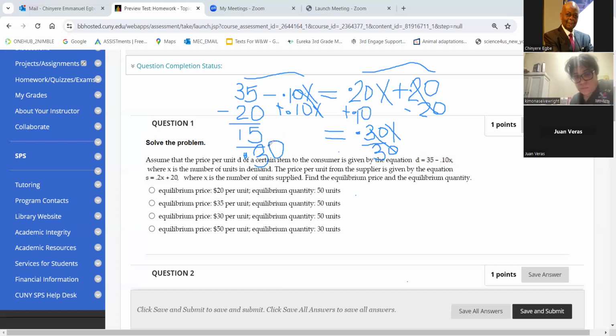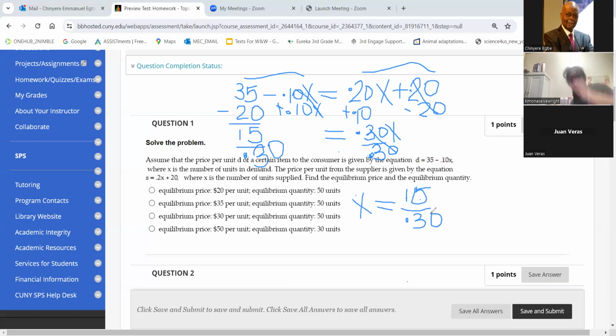And so, when you divide 0.3 by itself, what you get then is that x becomes 15 divided by 0.3.